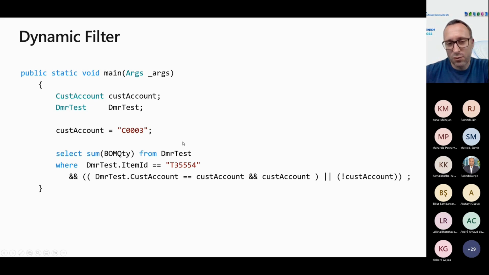It's the best way for this kind of requirement. But if it is a small job, you can use this kind of coding, and it will automatically create a dynamic filter for you. If the value is there, it will filter. If the value is not there, the filter will not work. So you can use it in your code base.